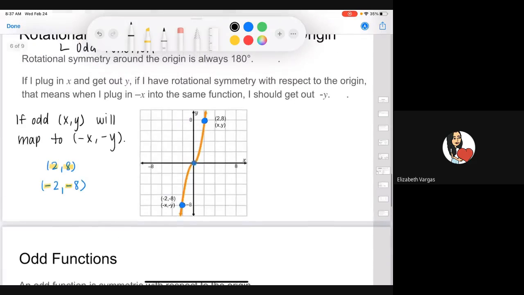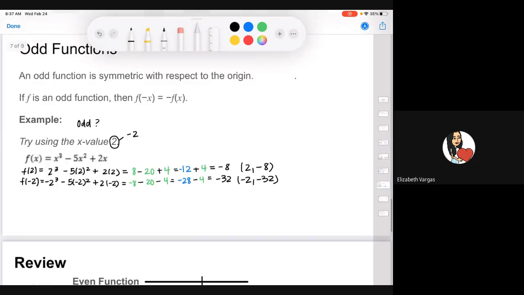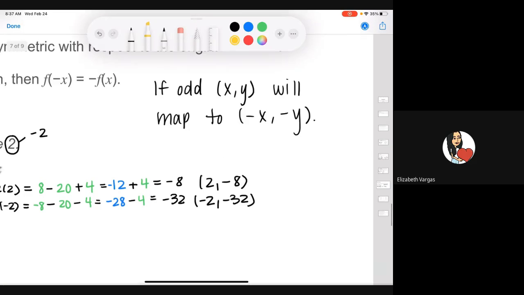Okay, so now I'm going to see, is this an odd? Well, if it's an odd, then it has to satisfy this statement. So if odd, my x and y will change and be mapped to negative x, negative y. And so here my original x did change to a negative y, okay?